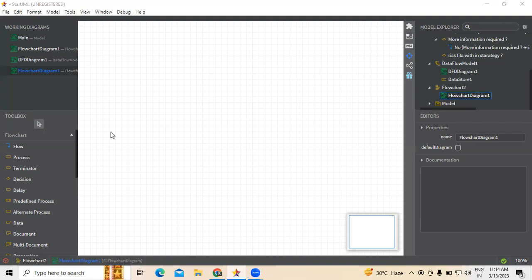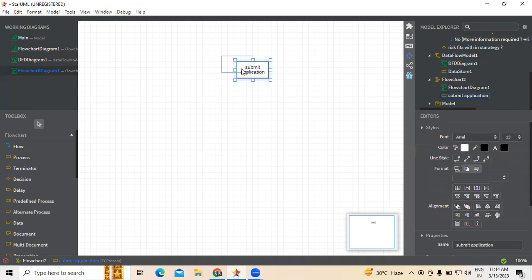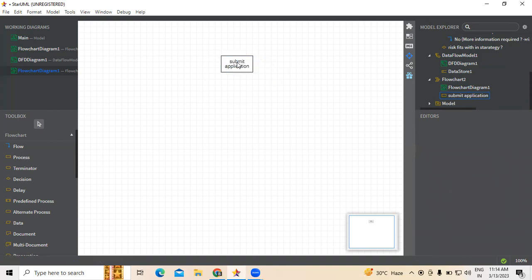Of course, in the general underwriting process, the first thing we have to do is submit the application, whoever wants to have their insurance. So that submission of the application is what they have to do first.